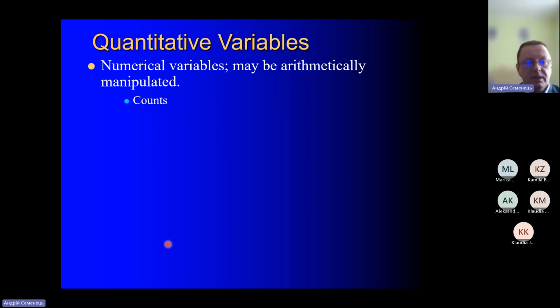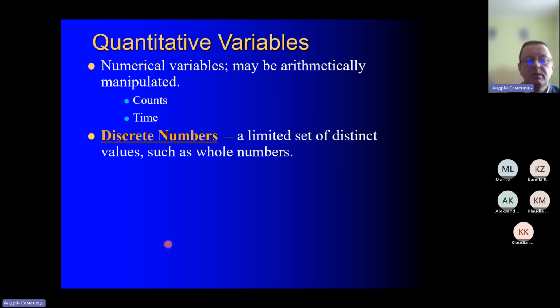When we talk about quantitative variables, it's usually simply some counts, amount of something. As a result, we can perform arithmetical manipulation on counts, and also time, which is a continuous uninterrupted variable. So here are obviously discrete numbers.